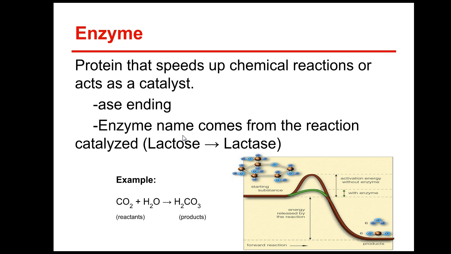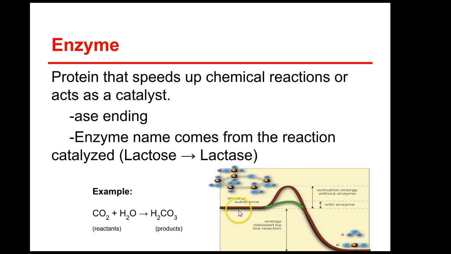The breaking down of lactose is helped by the enzyme lactase. So you can see breaking down of lactose is sped up by lactase. That's why it ends in ase. So we take the reaction or the protein or carb or whatever's being broken down and add an ase to the end of it, and that's usually the name of the enzyme.